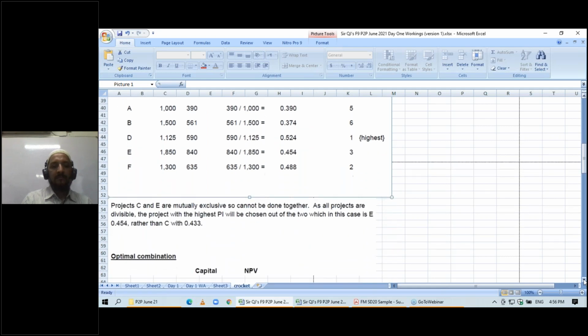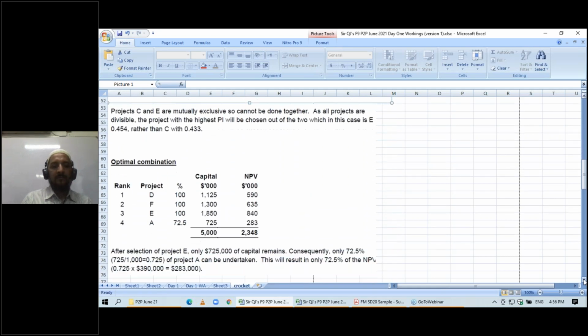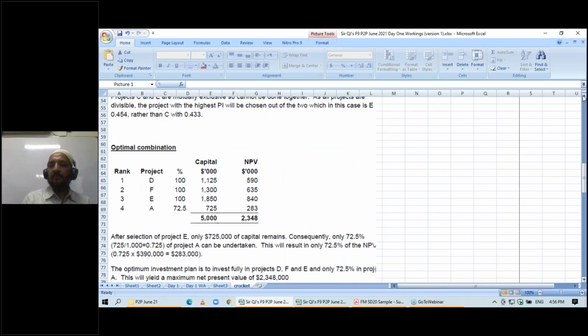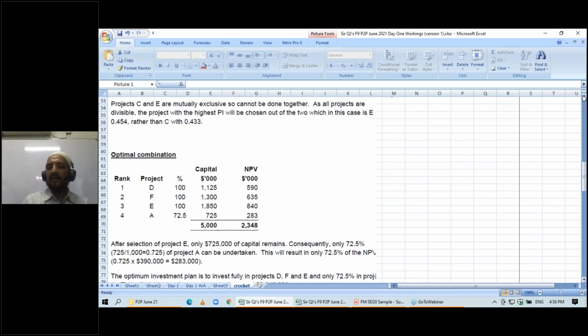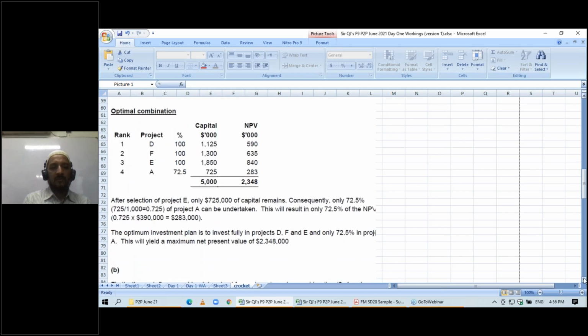And then the best combination of the projects that shall be selected to arrive at the highest NPV that can be earned, the optimal combination. Yes, I'll be sharing it over there. Okay, okay, I'll slow down. I'll scroll it again. Don't worry.